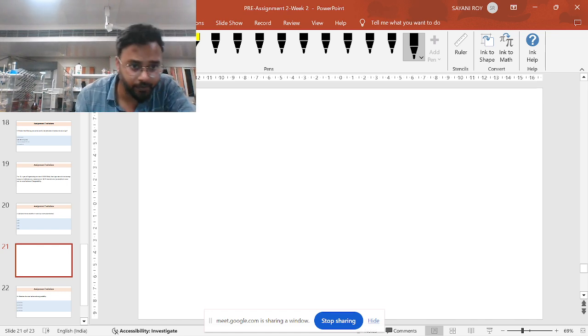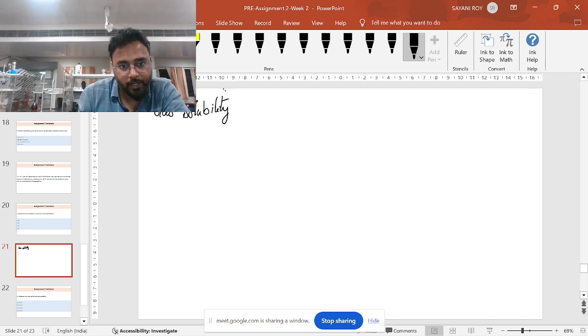This is based on a formula given by one of the scientists. Yes, solubility in water.